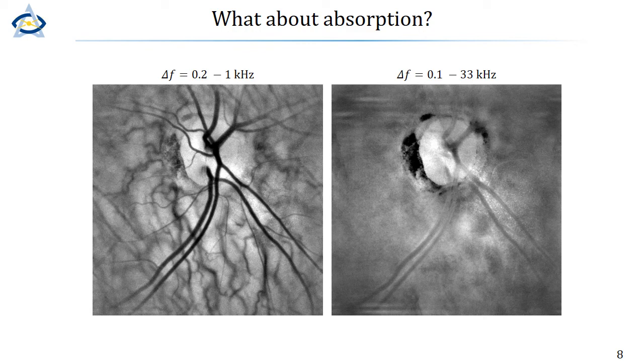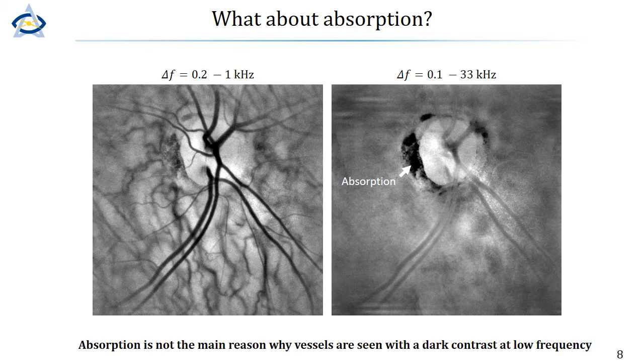we can say it's not really the case, because when we integrate the total power spectrum density, which is the quantity that gives us the image that gives us really the absorption, we see that absorption takes place where there is the RPE absorption, but vessels, where there is also a bit of absorption because of the red cells absorption, are not as well contrasted on the image on the right as the one on the left, which means that on the right it is pure absorption, and on the left there is something else that is the reason for the dark contrast.